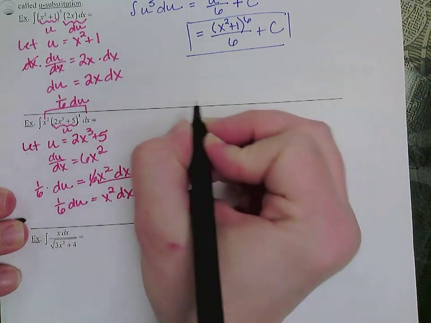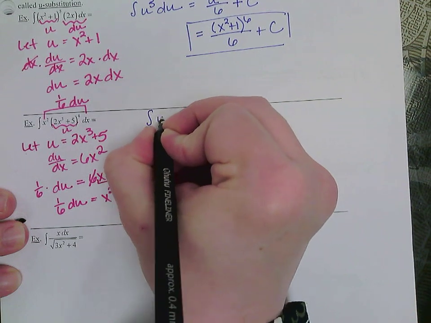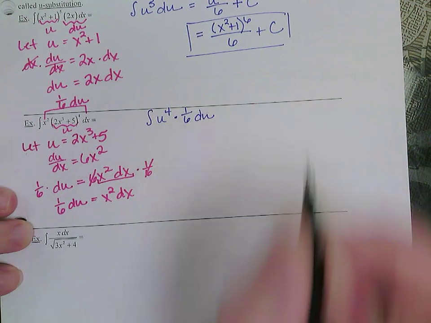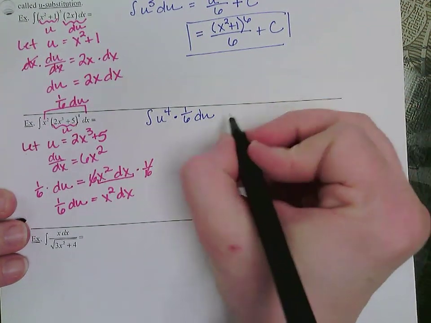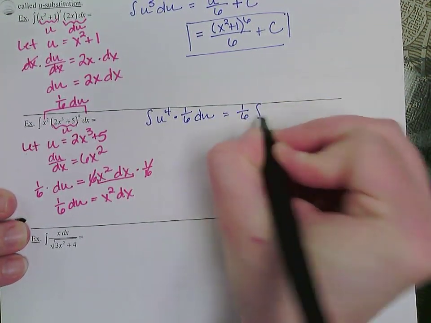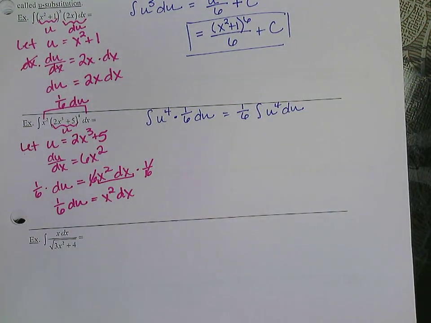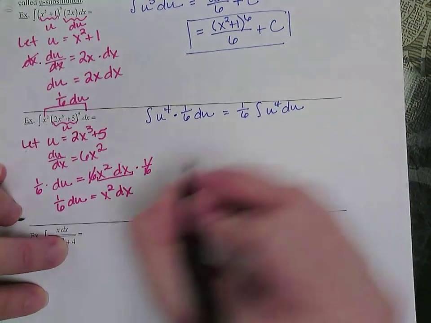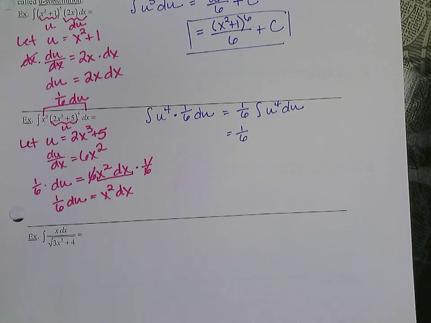So what we have is the antiderivative of u to the 4th times 1/6 du. And because this is a constant multiple, we can move it to the front, like you guys said. No, we don't want to substitute u yet. We want to take the antiderivative now.